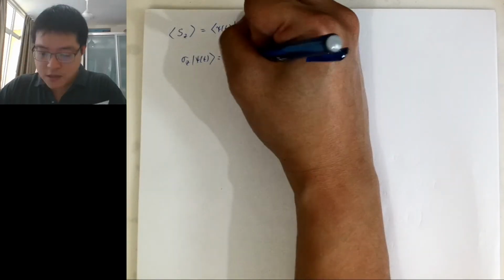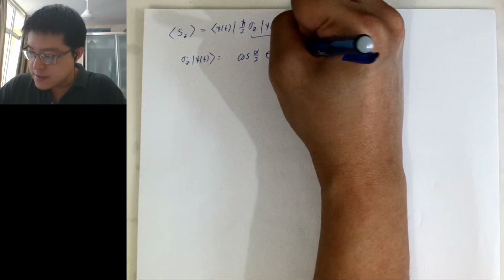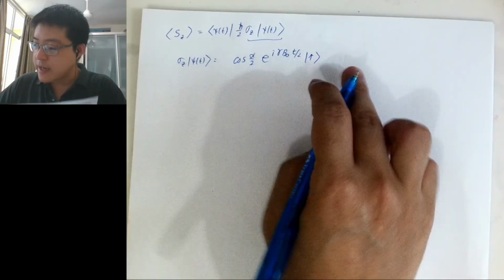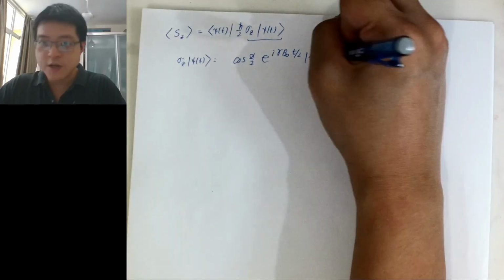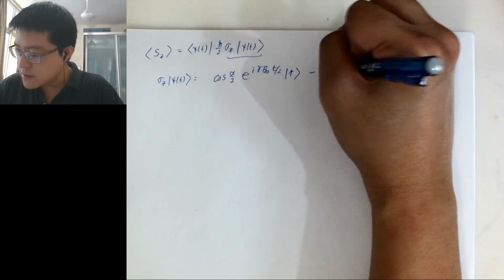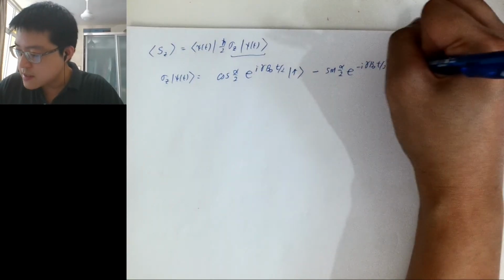So it's just cos alpha over 2 e^{iγB0t/2} up, because it's an eigenstate. The second term is an eigenstate with eigenvalue minus 1, so I get a negative sign, and a sine alpha over 2 e^{-iγB0t/2}. This is the down state.